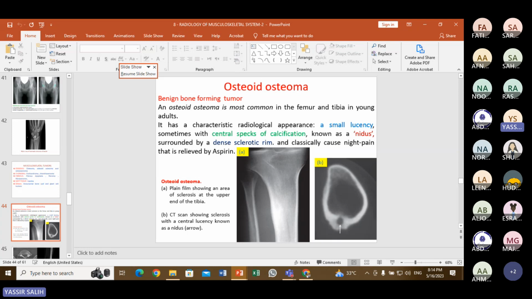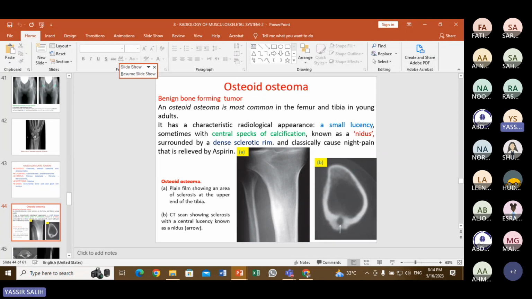It could be seen in young patients, 5 to 20 years, or it may be seen in the elderly as a complication of something, a bimodal distribution.